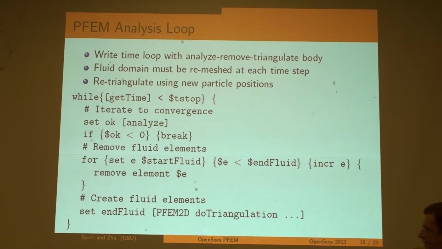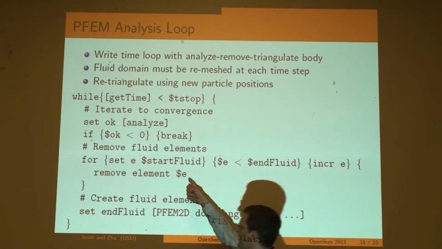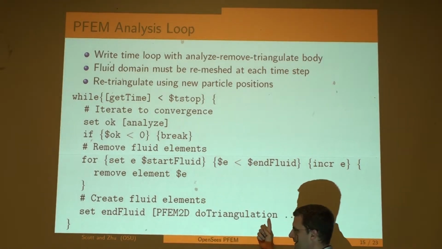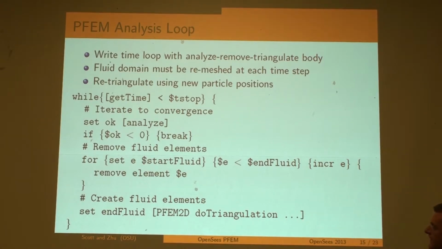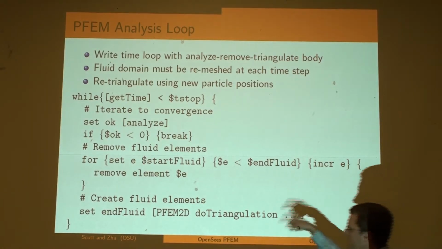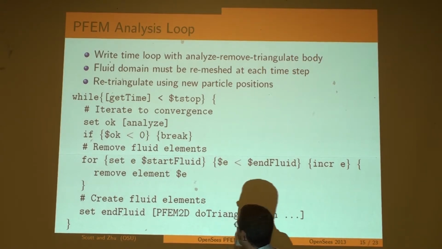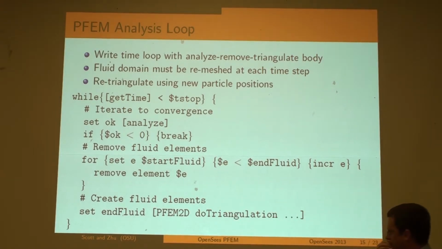We can store it in variables. And after we remove the elements, we then reset the influid tag by doing another triangulation. Okay, because the number of elements could change from time step to time step. But then when we come back through, we're just looping from start, which is fixed, into the end tag, and remeshing, and redoing the analysis.